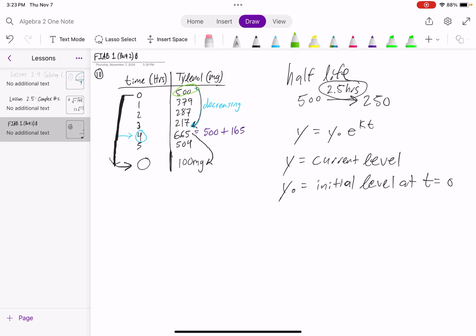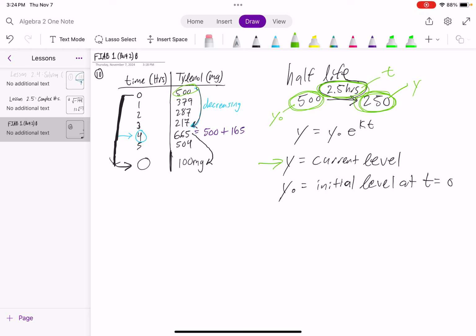So we could say that the current level is going to be the level after 2.5 hours, which will be half. So this is y. This is t. And this is y naught.